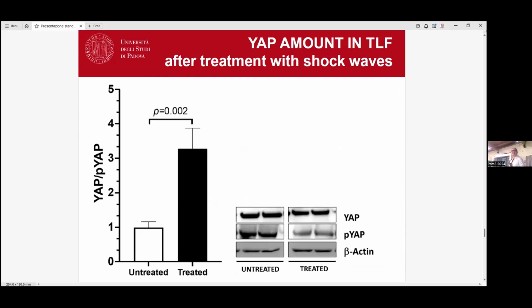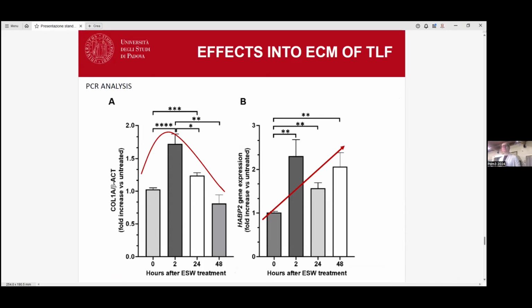So we did the stimulation with shock wave, and we see that the treated cells increase the expression of YAP protein. And again, we have the production of hyaluronan in the extracellular matrix. We have also the release of collagen fiber, but only after 2 hours, and then that element is not maintained.